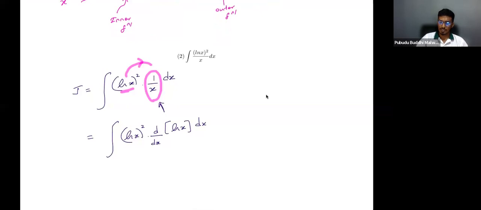Then you can use that substitution, u equals natural log of x. Then we can easily integrate because du equals 1 over x dx, very similar.